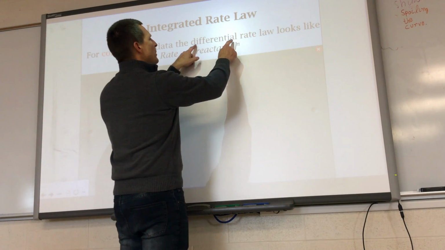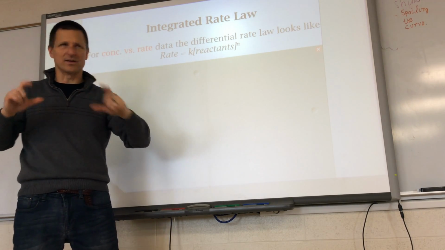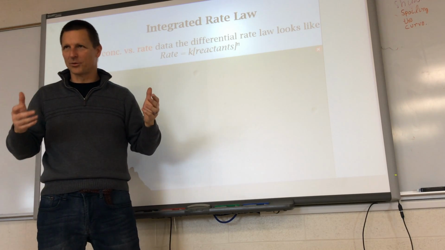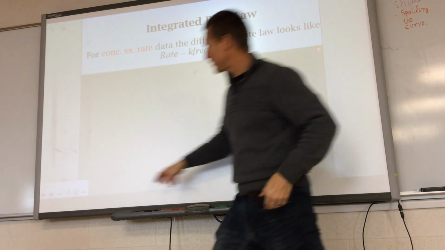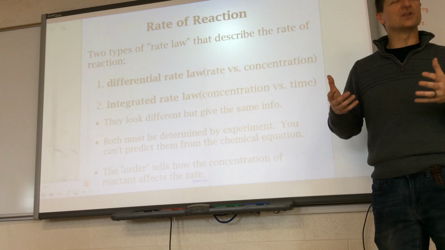Then we have the reactant. Remember, those brackets represent the molarity. So we're talking about the concentration of the reactants raised to a power. That power is the order of the reactant. As mentioned on the previous page, the order tells us how much the concentration affects the rate.